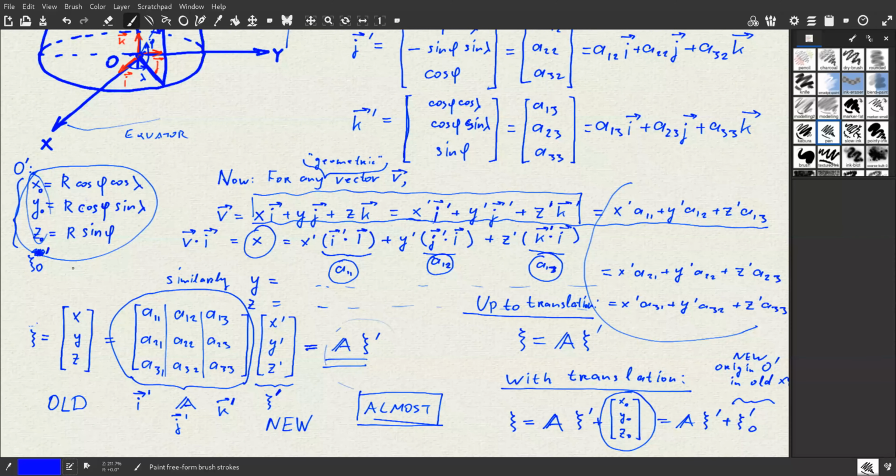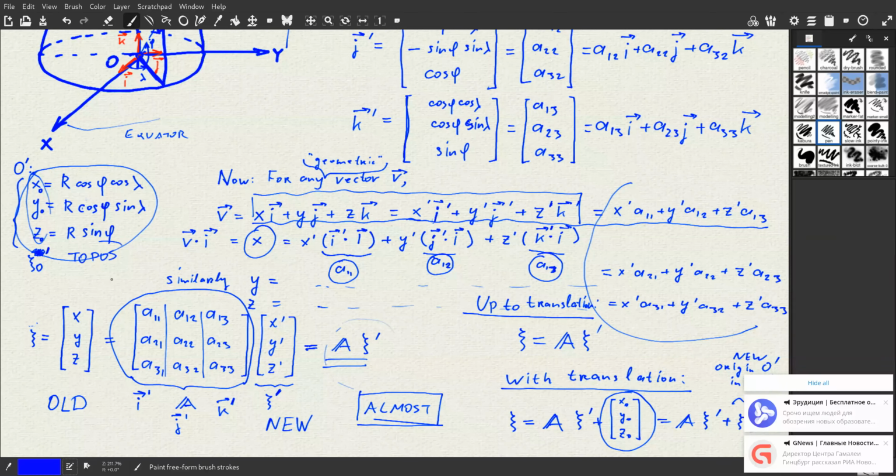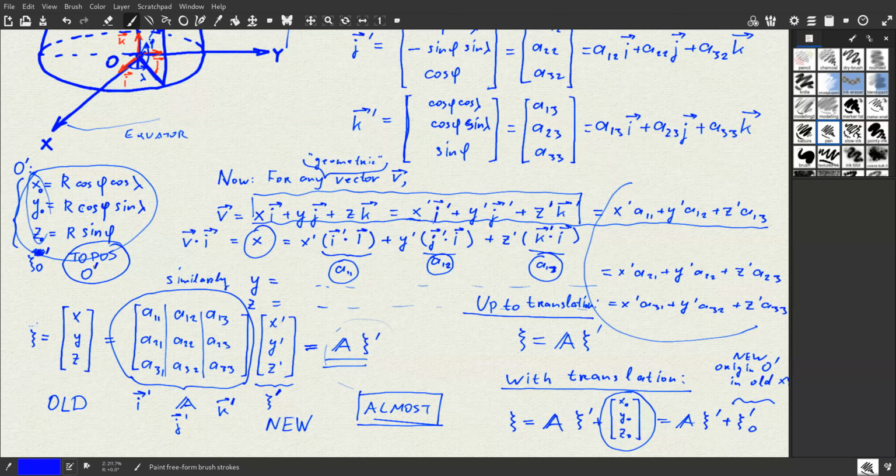So this is precisely our topos, which means our place, which is the center, the origin of our new topocentric coordinate system. These are coordinates of O prime in the original coordinate system x, y, z. Any questions on that?